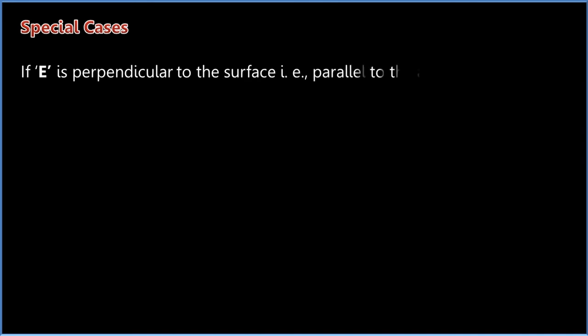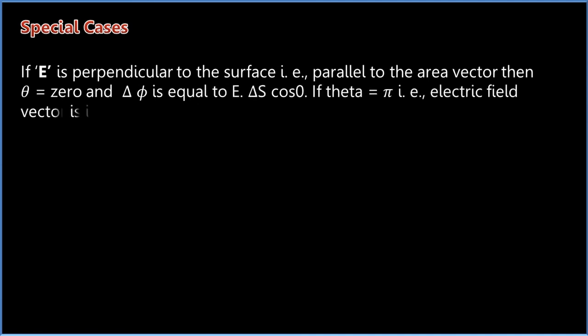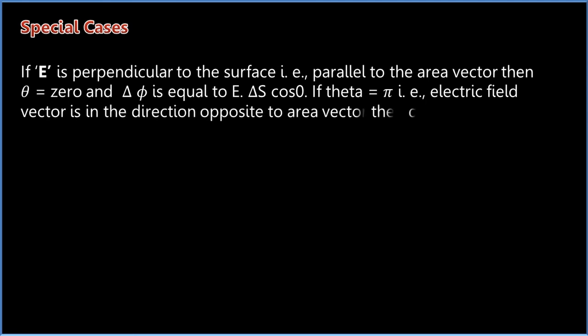Special cases. If E is perpendicular to the surface, that is, parallel to the area vector, then theta is equal to 0 and del phi is equal to E del S cos 0.